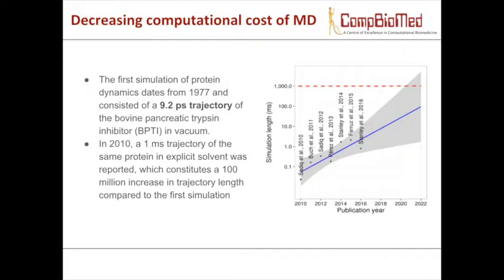And this 1 millisecond trajectory consists of a 1 million increase in trajectory length compared to the first simulation. So this is a huge increase and allows us to study lots more biological events that can fall into this time scale.